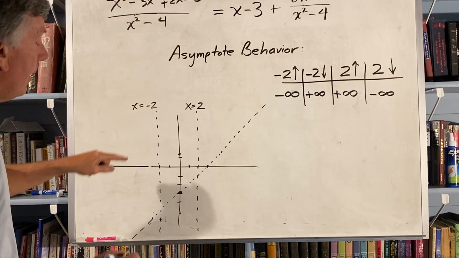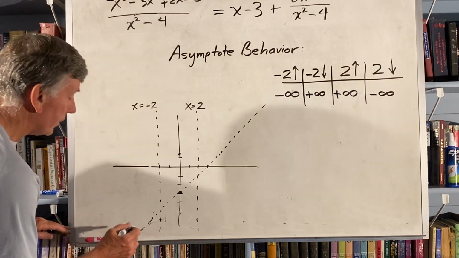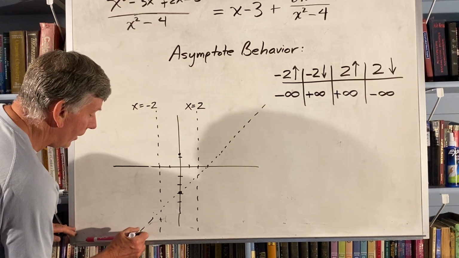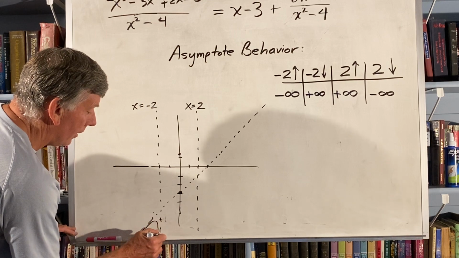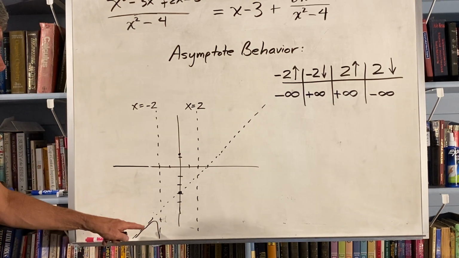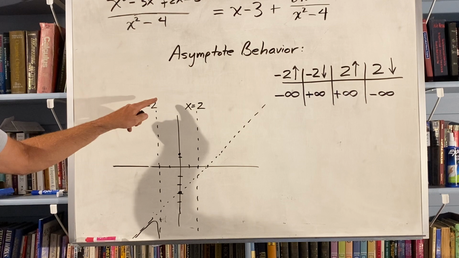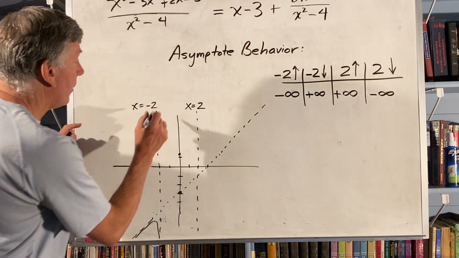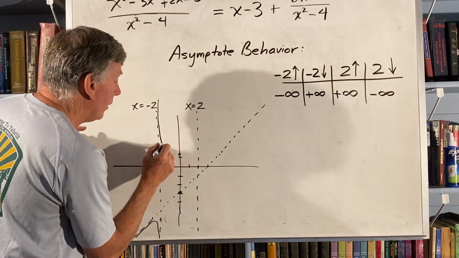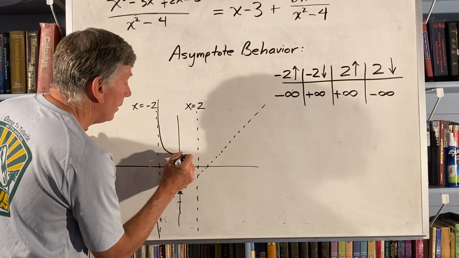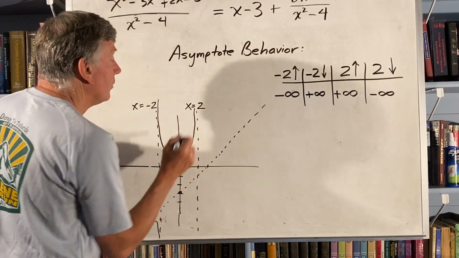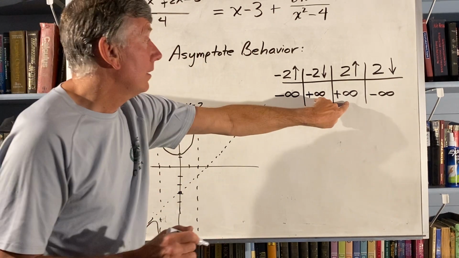So this is what I'm going to draw. Very little bit here, and this is going to go back down. This guy starts at positive infinity, goes through here, and back up to positive infinity.